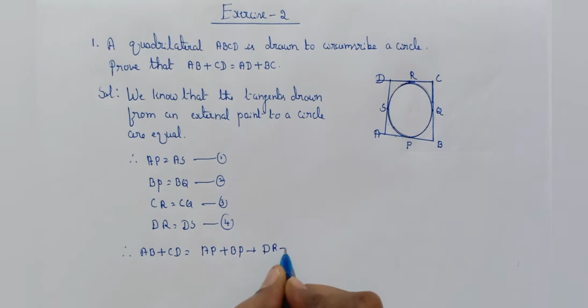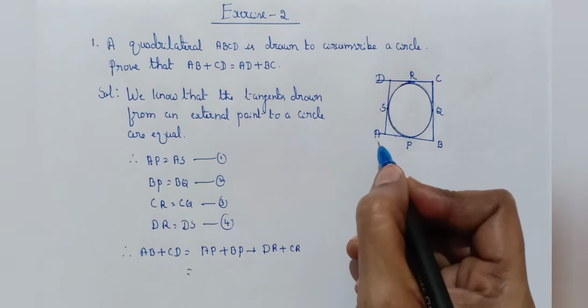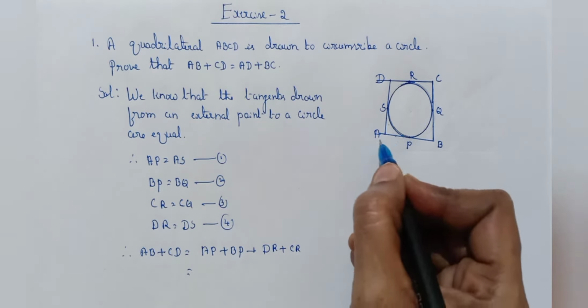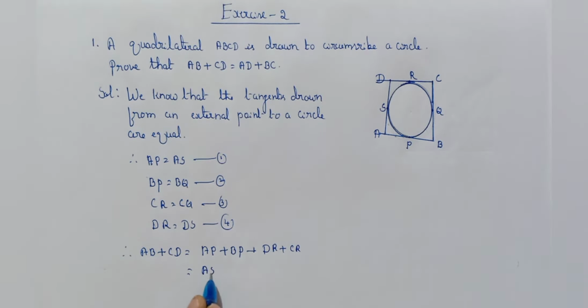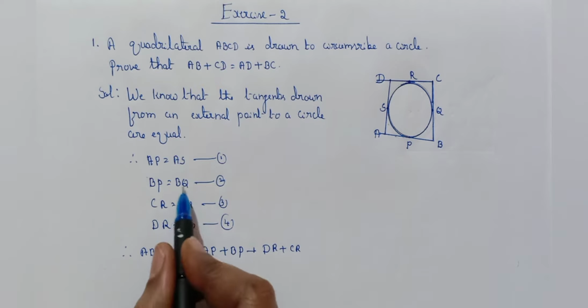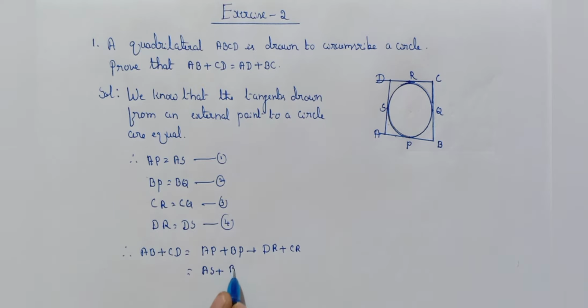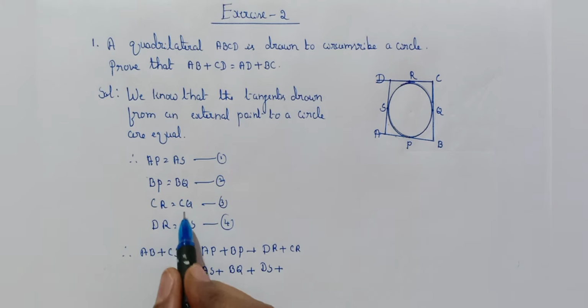In place of AP we can substitute AS, since AP is equal to AS. We can write AS, and in place of BP we can write BQ, plus in place of DR we can write DS, plus in place of CR we can write CQ.